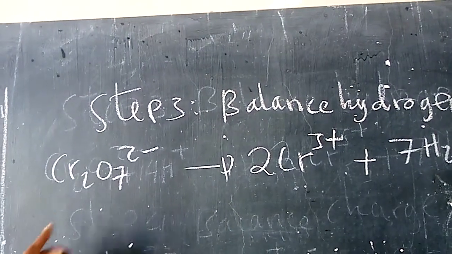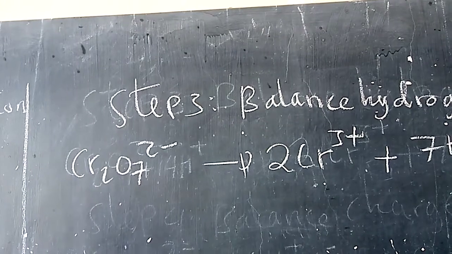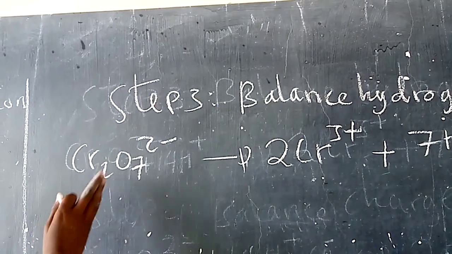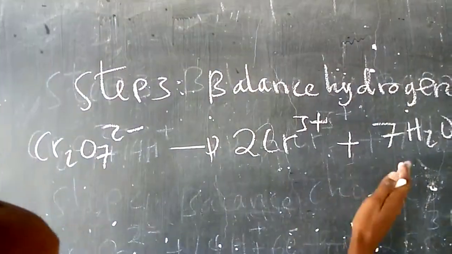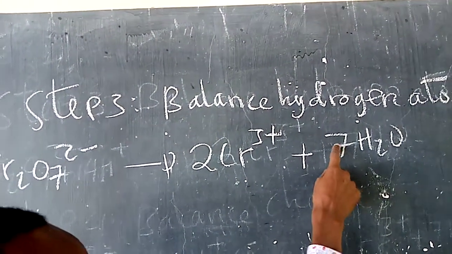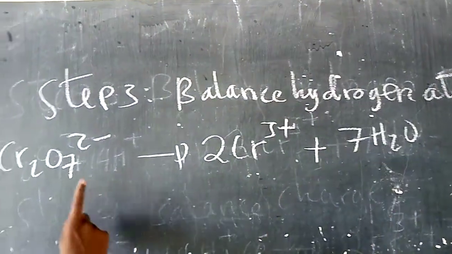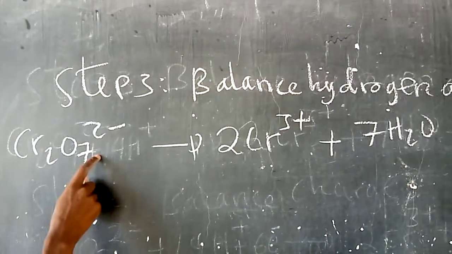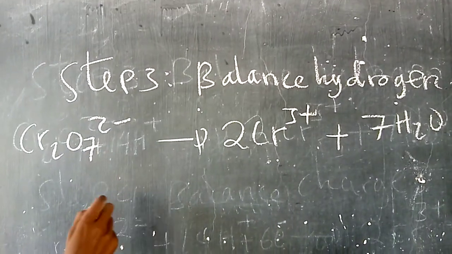When you look at your equation, you will see chromium is balanced, oxygen is balanced, and what is not balanced here is hydrogen. We have 14 hydrogen in the product side, but in the reactant side there is no hydrogen. So we are going to balance hydrogen. To balance hydrogen, very simple.